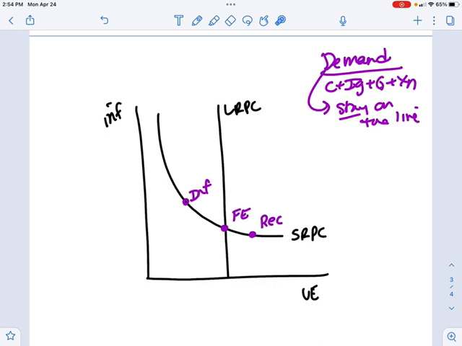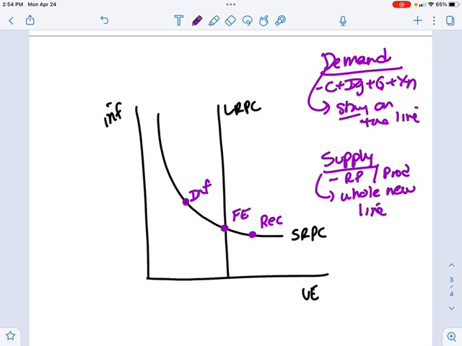The supply, on the other hand, remember what I taught you, we're going to supply a whole new line. And this comes down to knowing your supply shifters. Unlike C plus IG plus G plus XN, this is where we're talking about resource prices or productivity. So that's what's going to shift the short run Phillips curve.